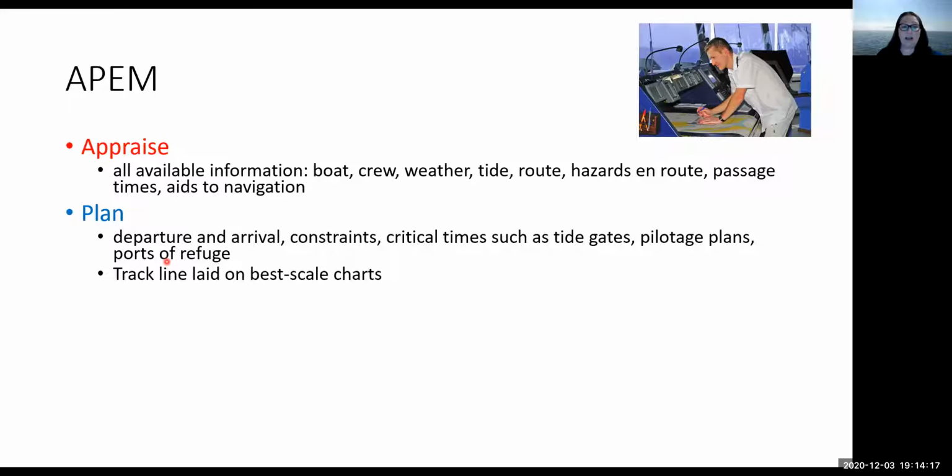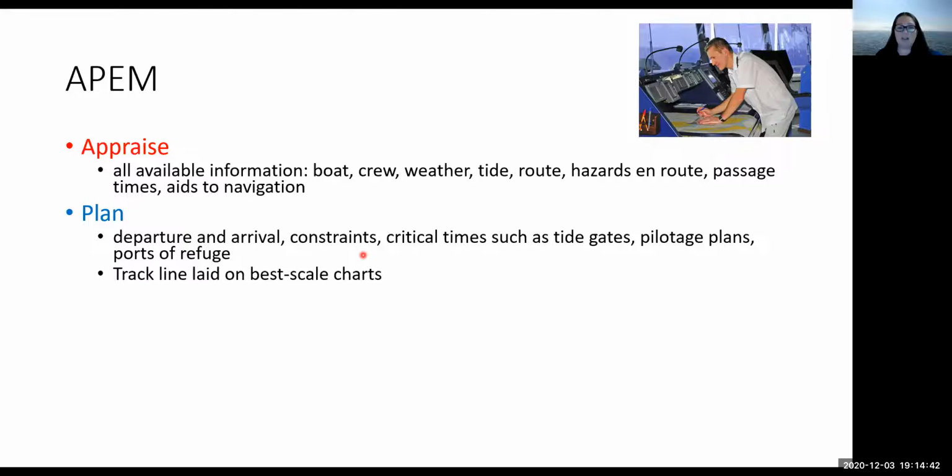Because when I go to my plan, now I start to get into a little bit more information. So I look at my pilotage plans for departure and arrival. I start to get a little bit more down on paper. I start to look at some constraints. What constraints do I have about arrival times, about departure times? Am I going somewhere that has a bar over which I need to sail? Or perhaps here, like we have lock gates that only operate at certain times.